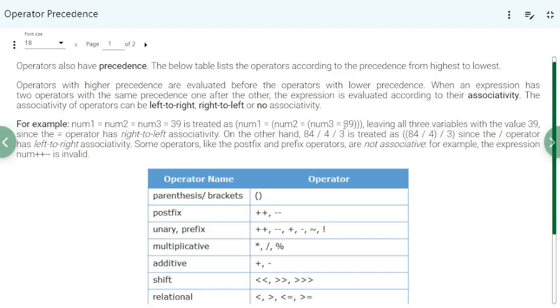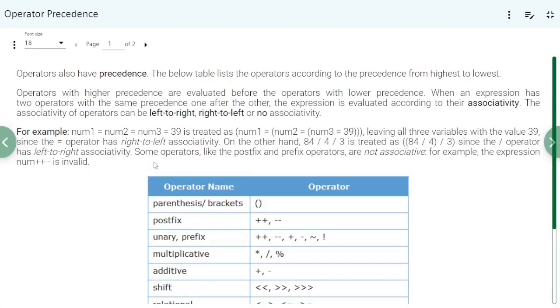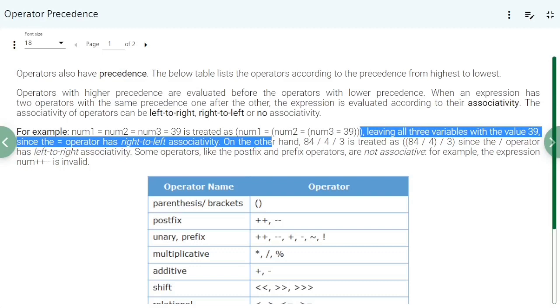See, this all depends on this equals operator. Precedence of this also matters, and this operator also matters. So equals, see the precedence of equals. So the equals assignment operator is here, see here, and its associativity is right to left. Okay, so that's why we are moving from right to left.